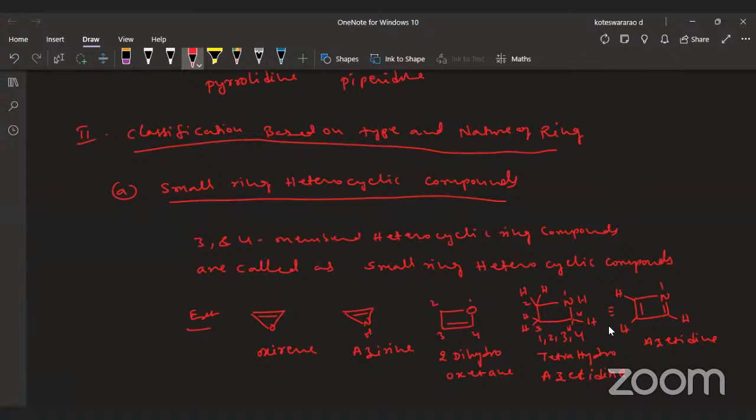Therefore, it has 4 hydrogens in excess compared to its unsaturated form. Azetidine is the standard name. The same name is used, but its saturation is indicated by the substitution 1, 2, 3, 4-tetrahydro, meaning the structure is fully saturated. Understand? Okay, sir. Your question is clear? Yes, sir.